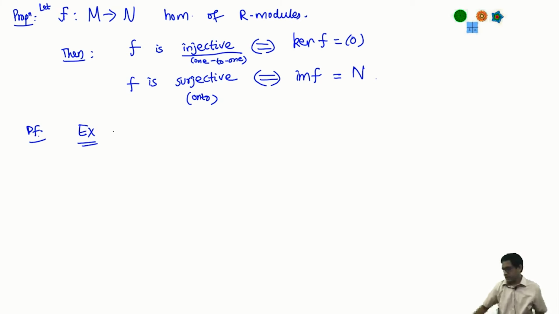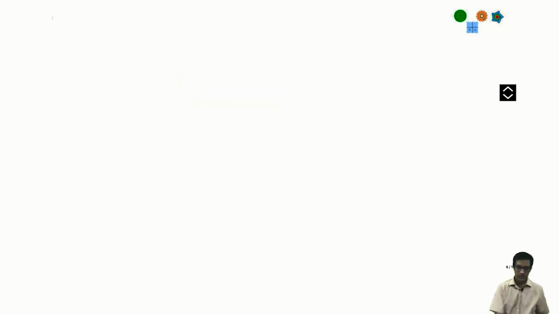Fine. So now coming to the main theorem, it's called the first isomorphism theorem. Again, this is like the first isomorphism theorems you have already seen for groups and rings. So let me give you the statement of the theorem, the first isomorphism theorem for modules.